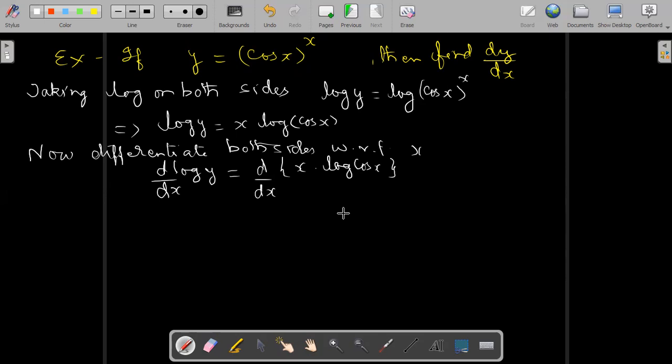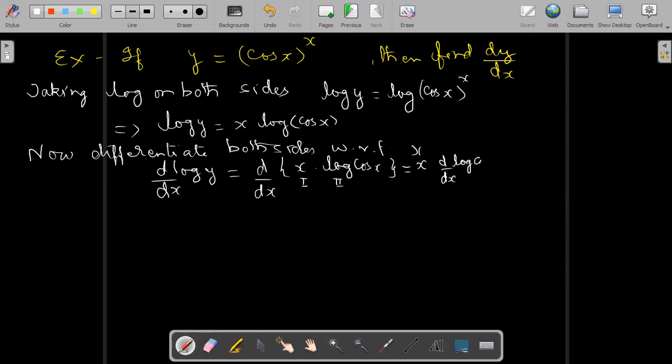Which formula will be applied here? First function, second function: the first function you leave as it is, then differentiate the second function. I'll write it here because of the shortage of space. Here I'll write the first function as it is. Then the differential of the second function, the product formula.